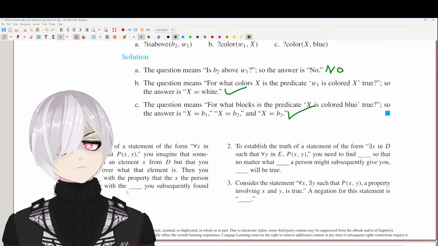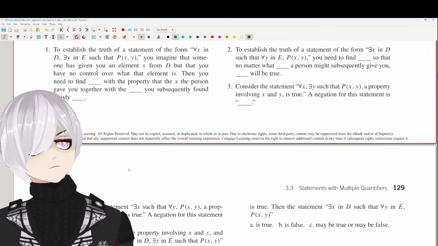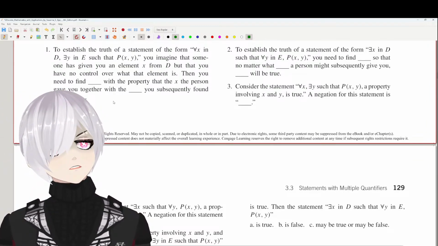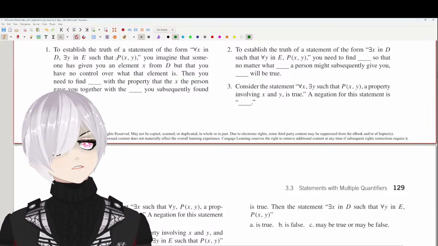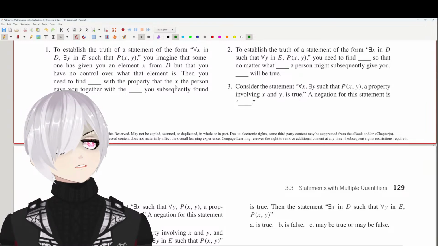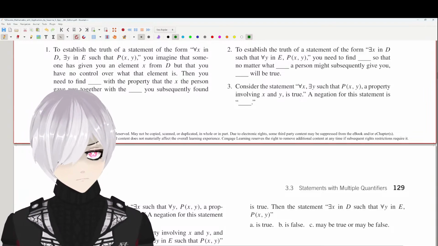Test yourself. To establish the truth of a statement of the form for all x in D there exists a y in E such that P of x y, you imagine that someone has given you an element x from D, but that you have no control over what that element is. Then you need to find blank with the property that the x the person gave you together with the blank you subsequently found satisfy blank.